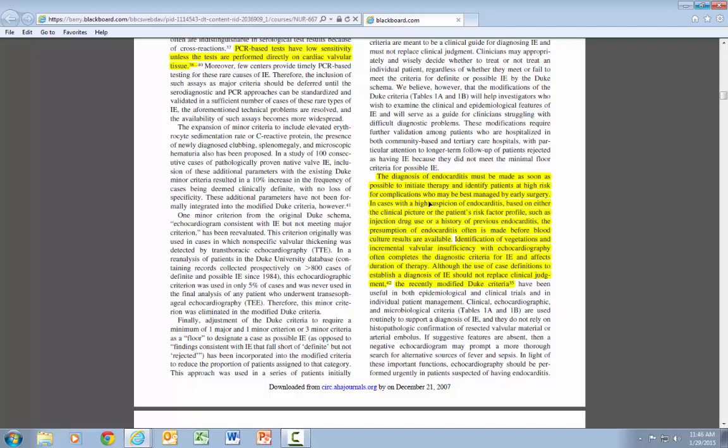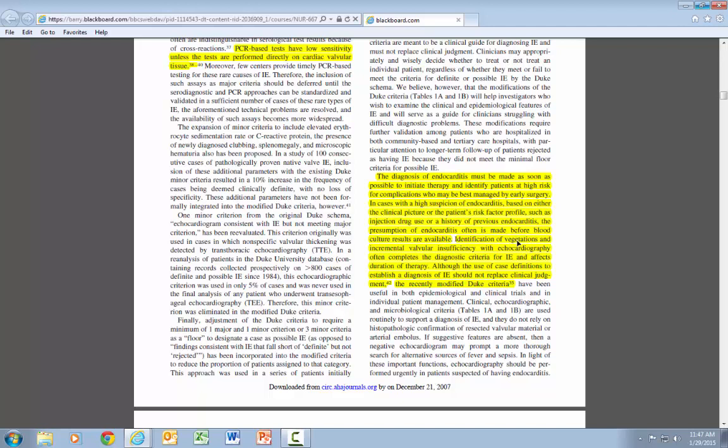In cases of high suspicion based, for example, on because the patient is an injection drug abuser, because the patient has a history of prior endocarditis, or because there's a presumption of endocarditis before blood culture results are available. If it's a very high suspicion, go ahead and start.